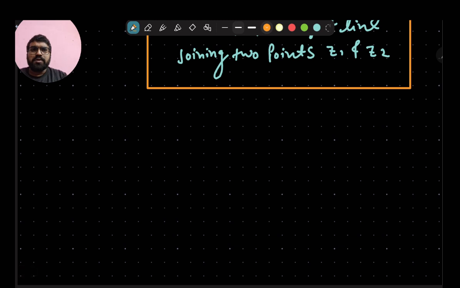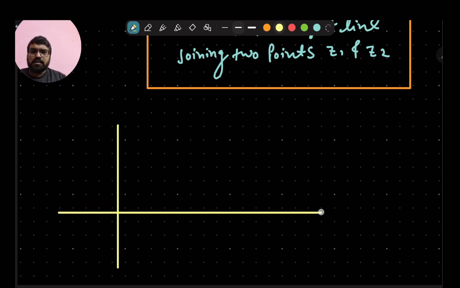Before jumping into the topic, let me draw the Argand plane. Let's suppose this is the Argand plane and this is the line I'm talking about, and there are two points given, z1 and z2. We have to write the equation of this straight line.